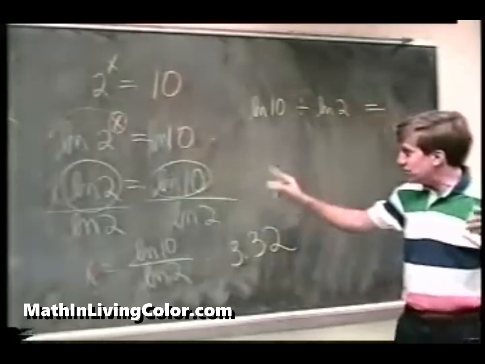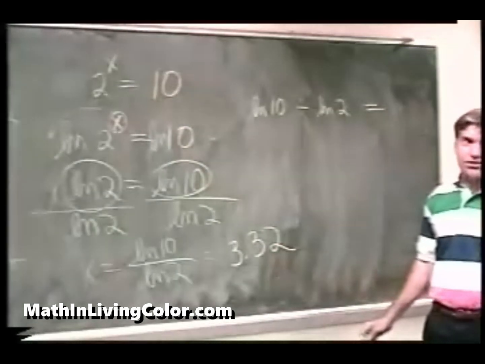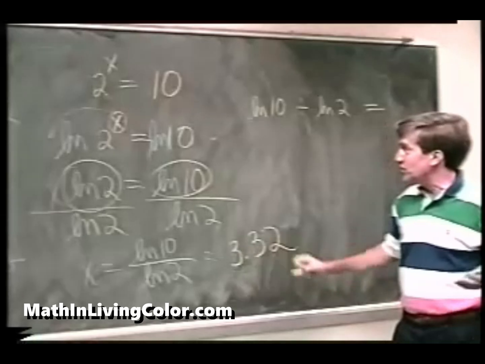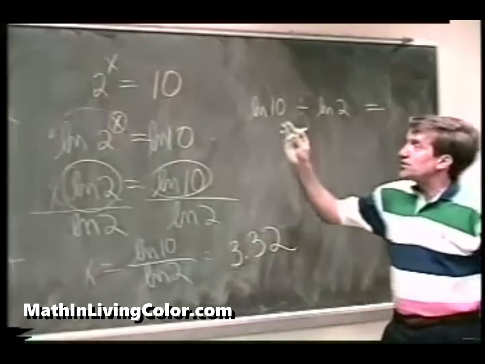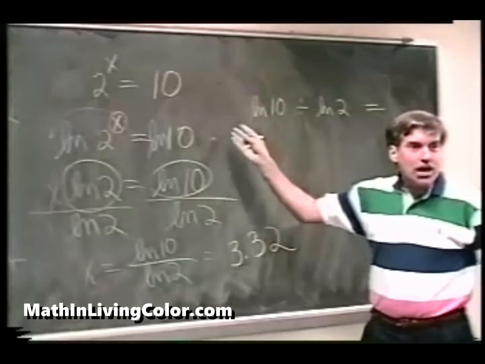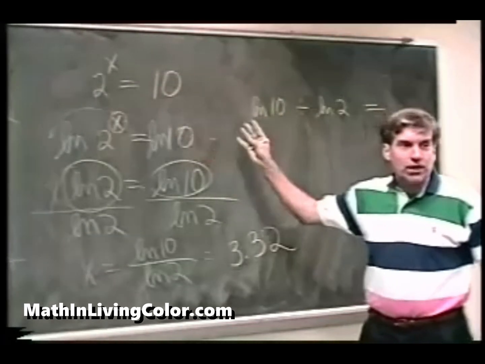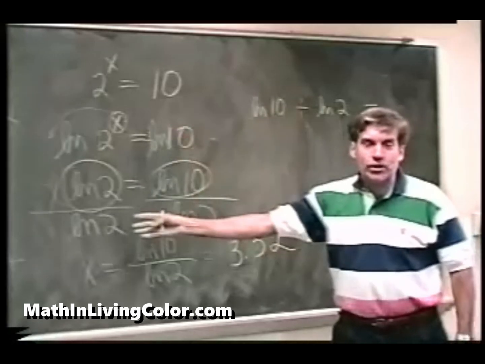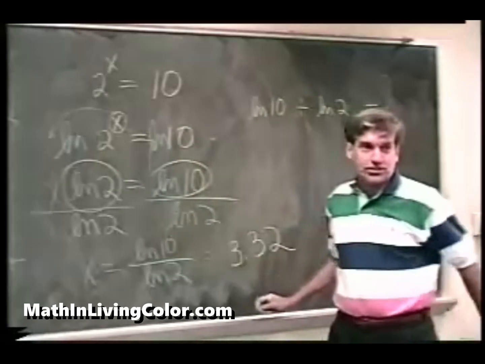So when you said 3 point something, I said that sounds good to me. So you get 3.32. In order to solve for x in an exponent, taking the log of both sides converts the problem from an exponential equation to a linear equation that you can just solve for x.